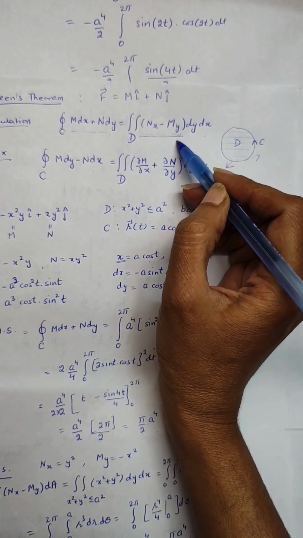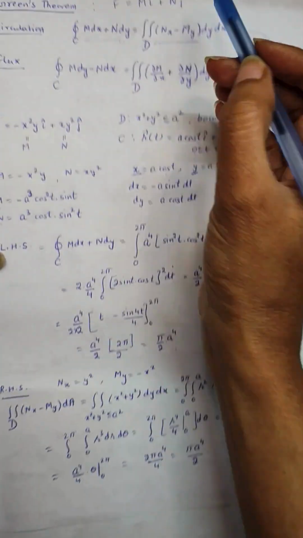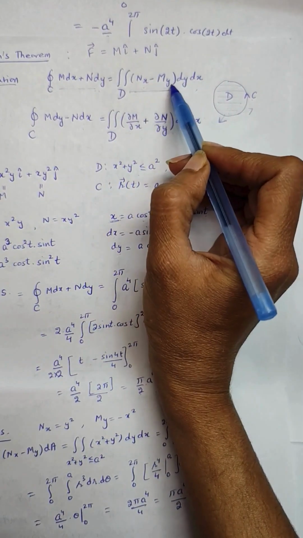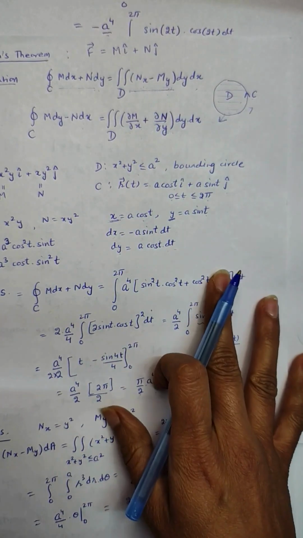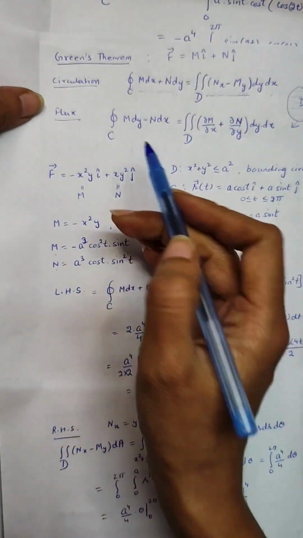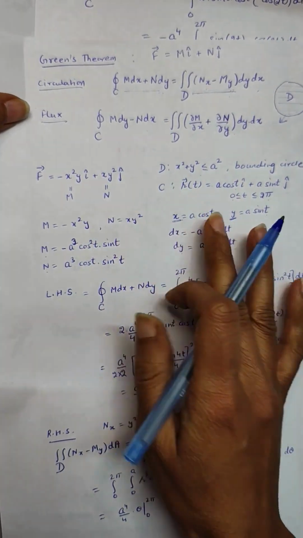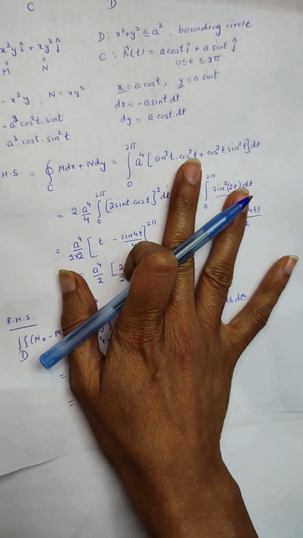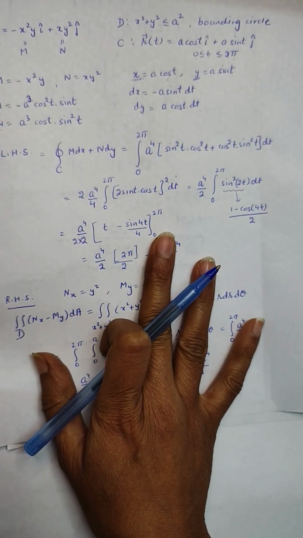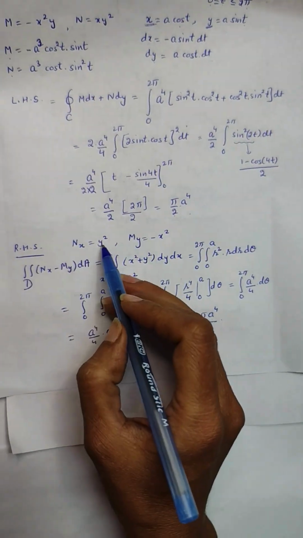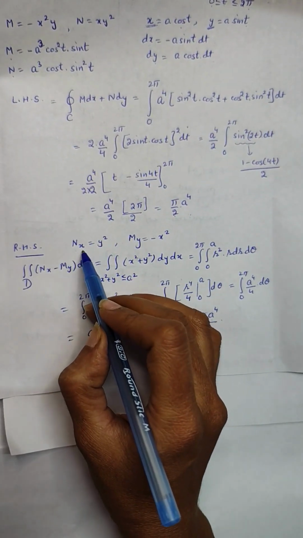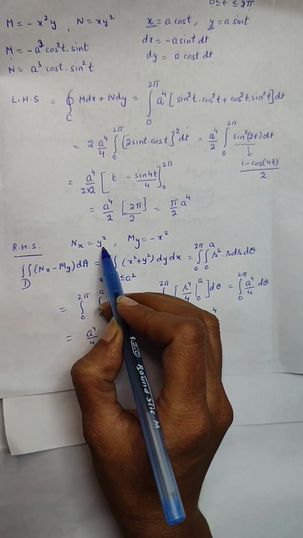So for this, let's find out nx and my in terms of x and y. So m is minus x square y and n is xy square. Let's calculate nx. The partial derivative of n with respect to x will be y square.